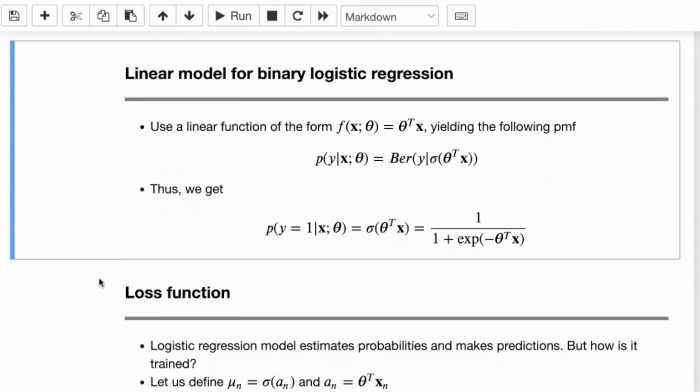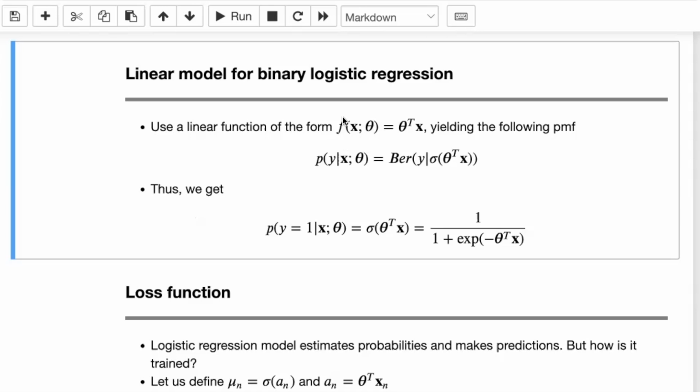So now we are at the step that we can formally define logistic regression. So remember, in logistic regression, the logistic refers to the logistic function. And the reason that we call this logistic regression, even though it's technically a classification problem, is because it does look very much like linear regression, right?